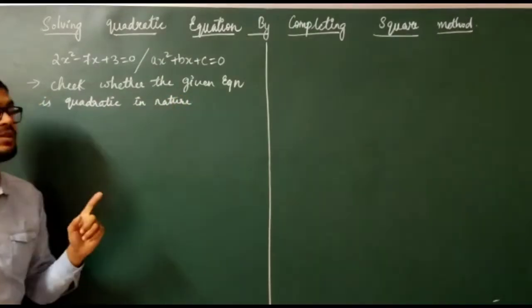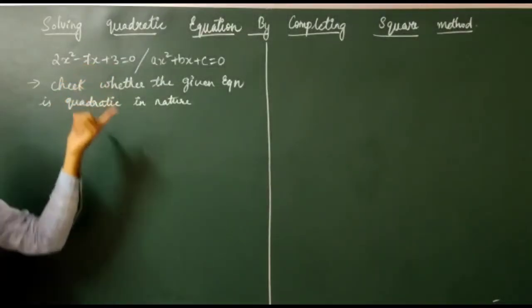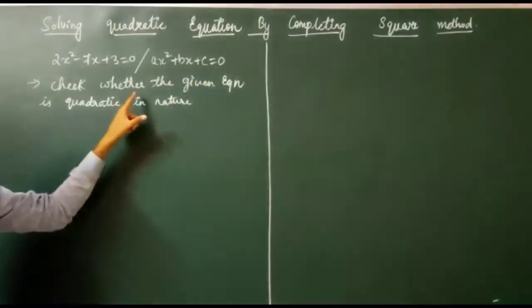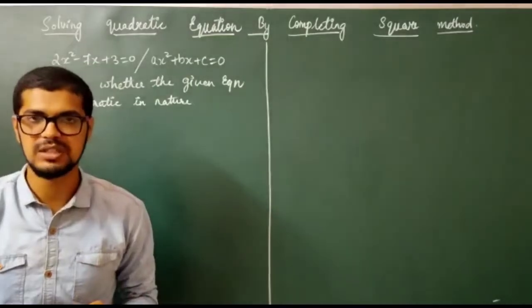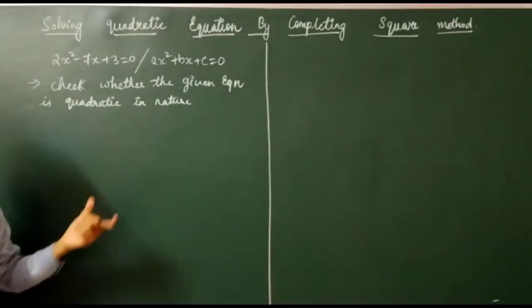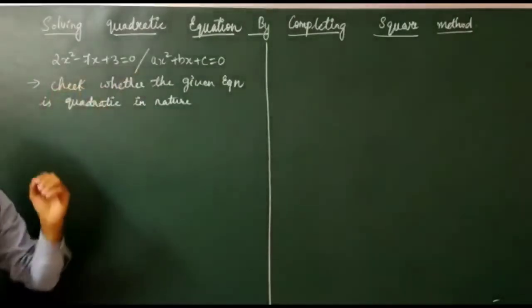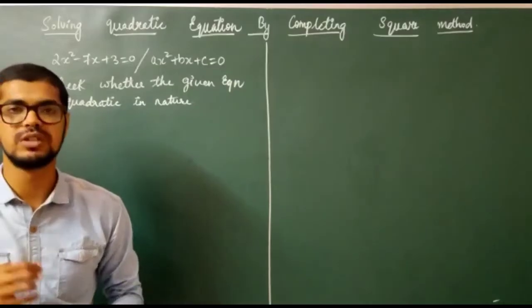This is my first step. Now carefully observe this. By looking at it, this is a quadratic equation, right? Yes. So my first step in order to solve the quadratic equation by completing the square method is to check whether the given equation is a quadratic equation. From this it is 100% a quadratic equation, right? Now let me move forward.